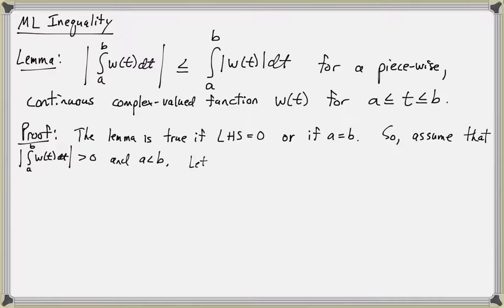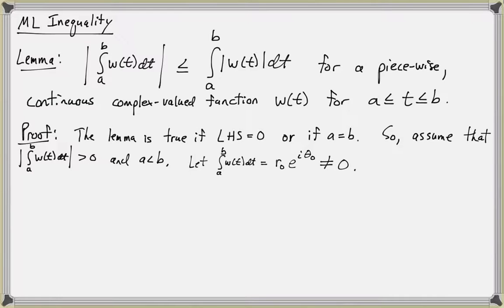Then the integral from a to b of w(t) dt is equal to a complex number, and I'm going to write this complex number in exponential form. So I'm going to let this integral be equal to r0 times e to the i theta 0, which we're assuming is not equal to 0. So it's a complex number other than 0.